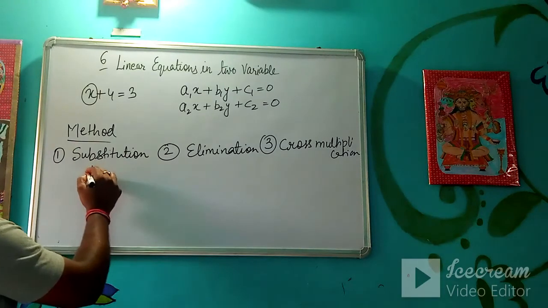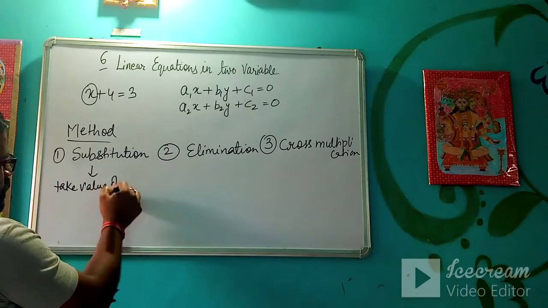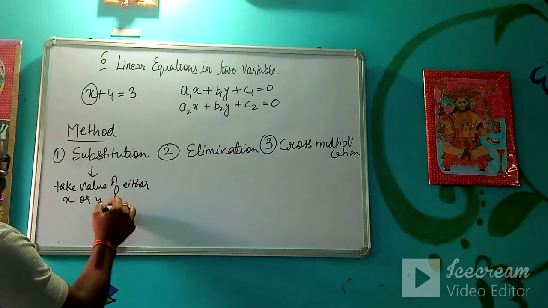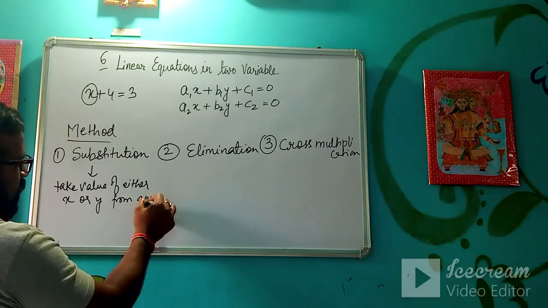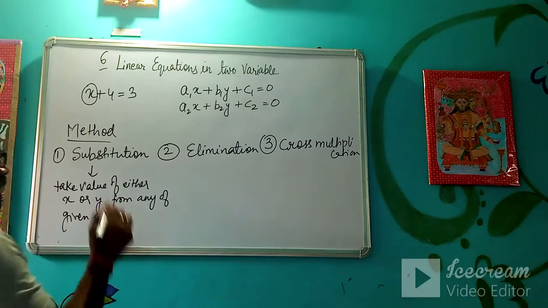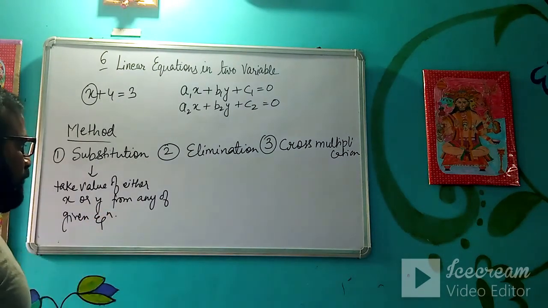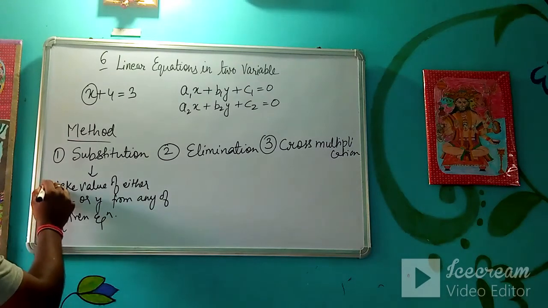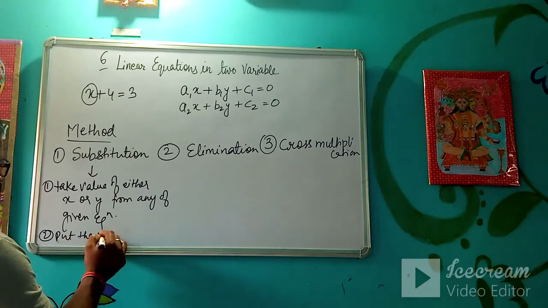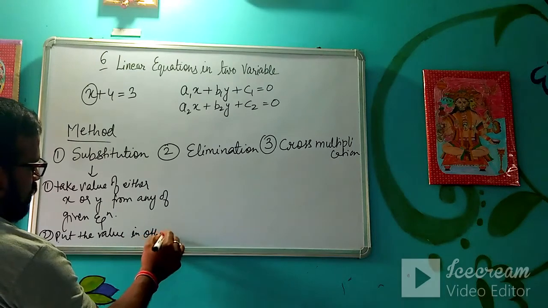In this, what we will do is take the value of either x or y from any of the given equations. Then we will put that value in the other equation.